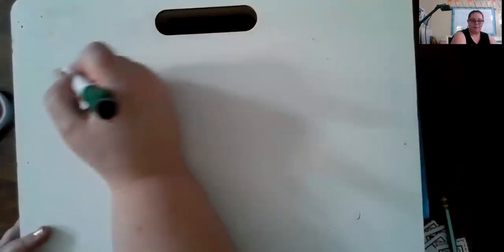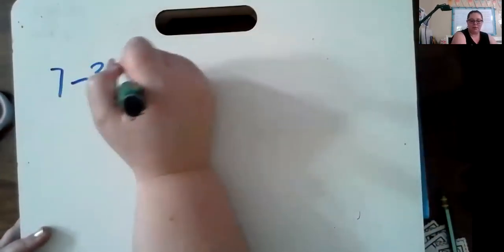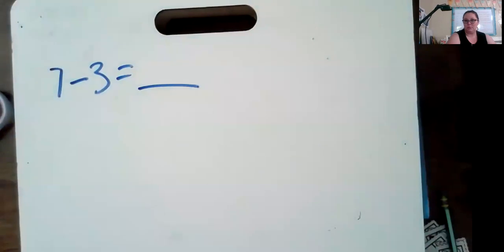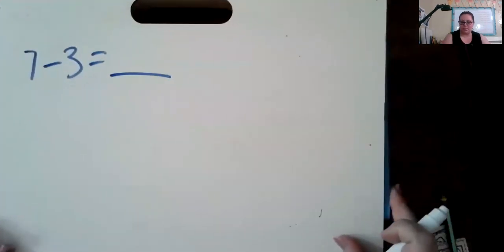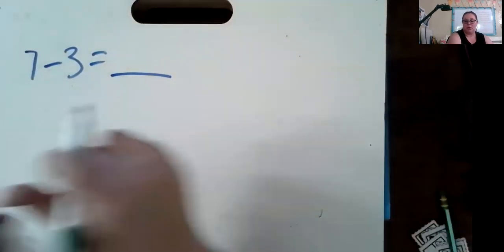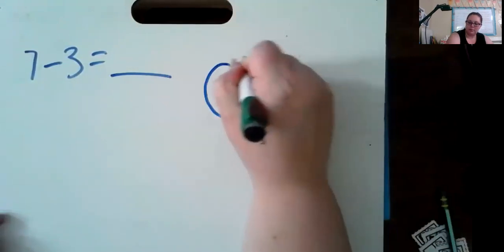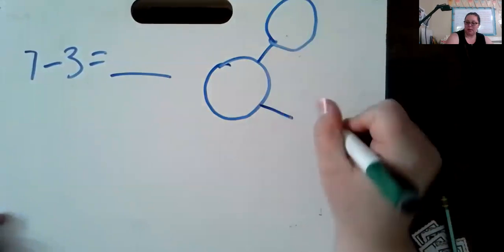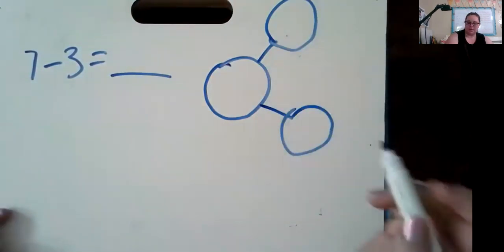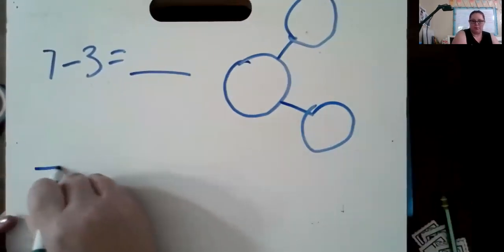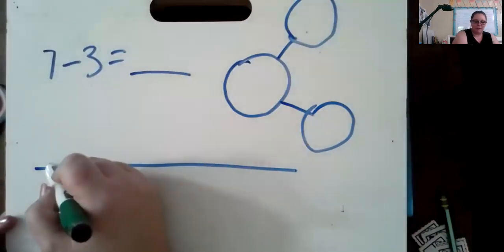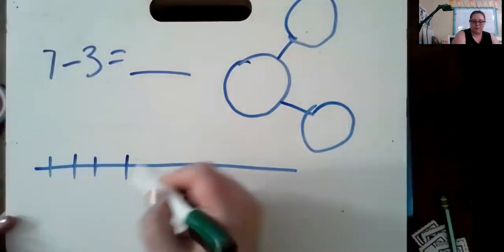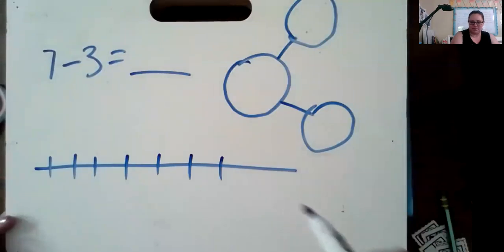Okay, so 7 minus 3 equals, okay, so how would we put this in a number bond? 7 is our largest number. We've got our number bond, yes? Okay, and then we're going to have our number line. 1, 2, 3, 4, 5, 6, 7.